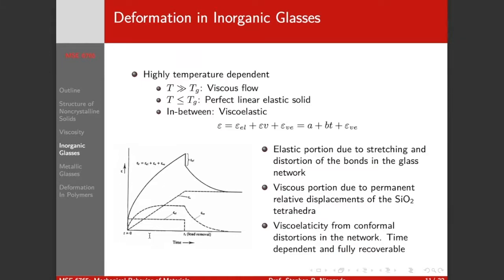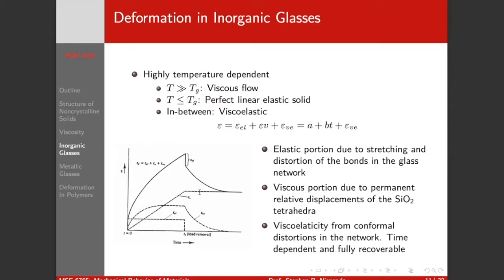Here's our strain versus time. We give it a load. We have a linearly increasing constant strain rate deformation, and when we remove the load, we don't get any recovery. Right? That's the viscous flow part.